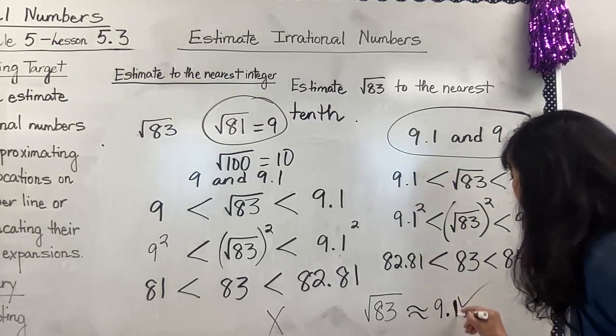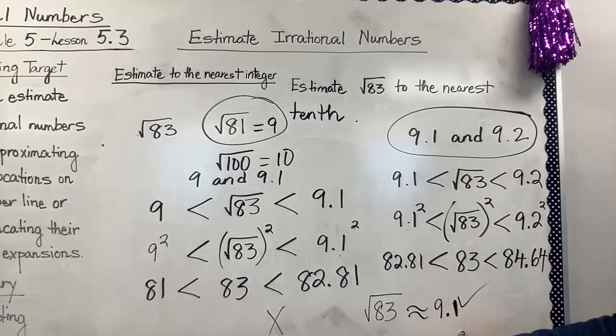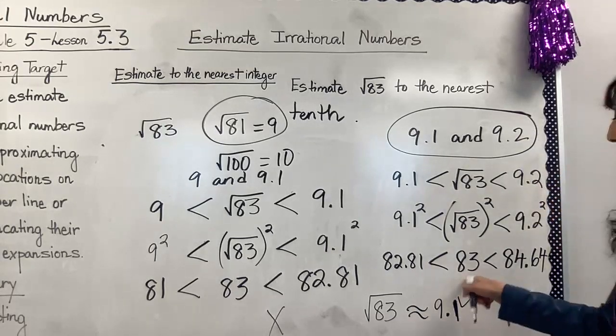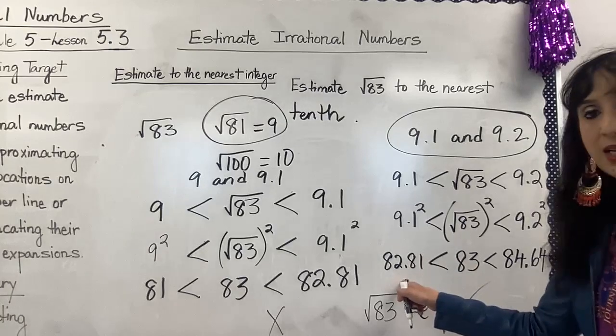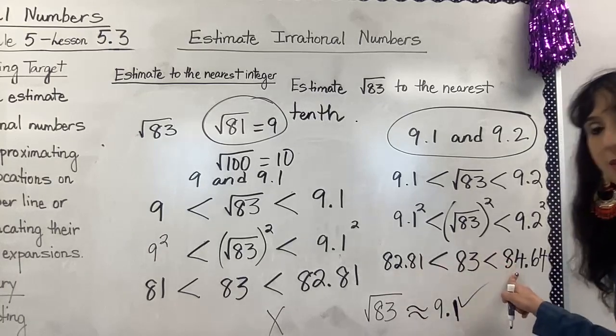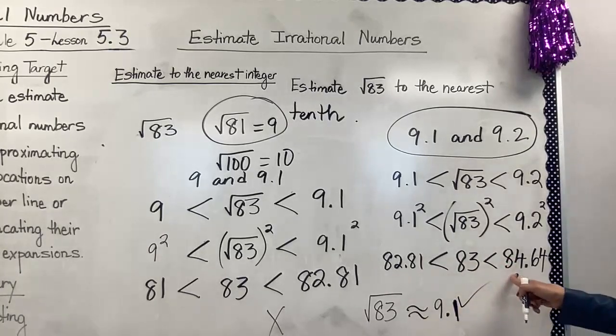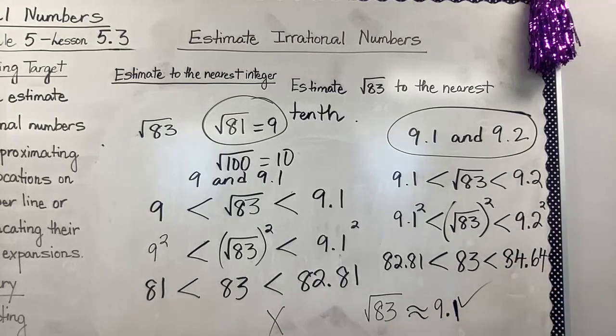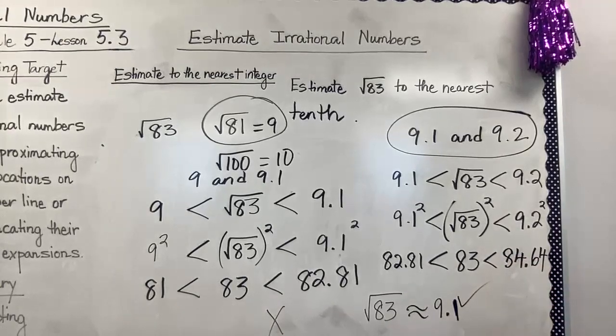I have just put it in tenth format. Because this number is closer to this compared to this one, I am going to do an approximation, and the square root of 83 is approximately 9 and 1/10. And that is my answer, rounded to the nearest tenth place value.